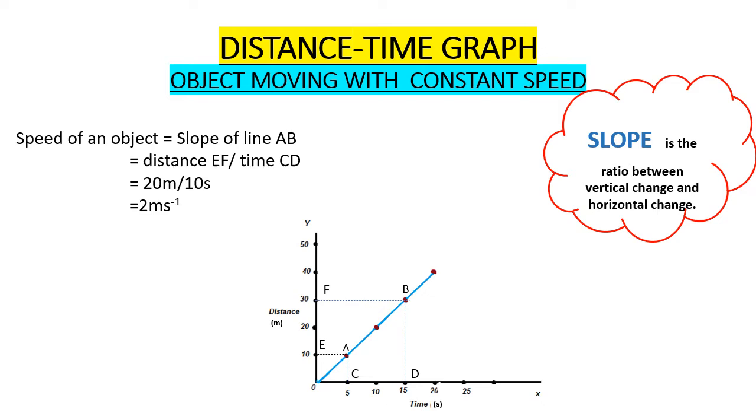So slope of line AB is the vertical change over the horizontal change. On vertical axis we have the change in distance EF, whereas on horizontal axis we have the change CD. If we divide their numerical values, we will get 2 meters per second, which is the speed of an object at that slope.